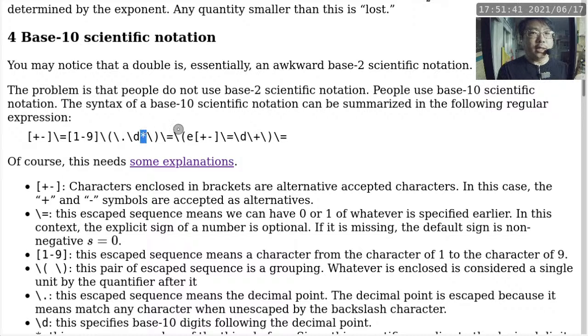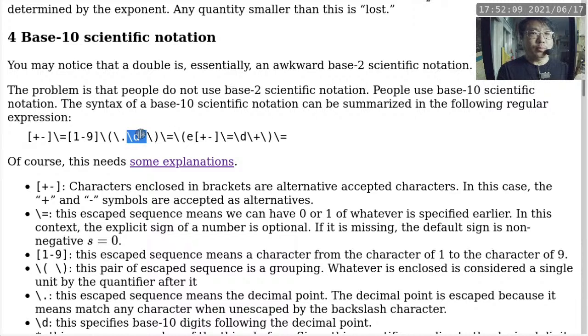And then the asterisk symbol over here is also a quantifier. It specifies that whatever is immediately before it, to its left-hand side, can have any number of occurrences, including 0. So this part here is by itself a small group. It means you can have 0 or more occurrences of a digit, and that digit can be from 0 to 9.